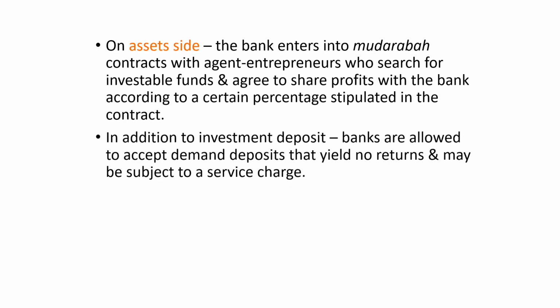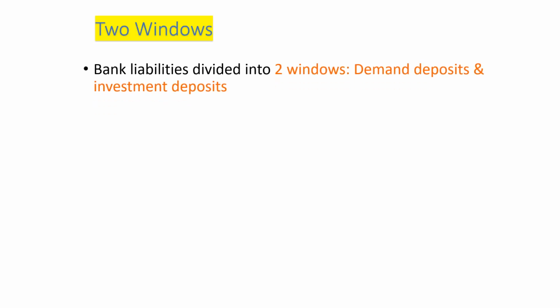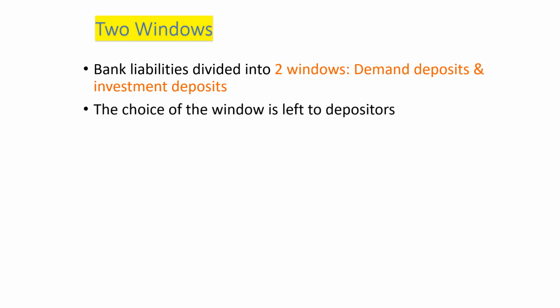In addition to investment deposit, banks are allowed to accept demand deposits that yield no returns and may be subject to a service charge. Under the 2 windows arrangement, bank liabilities are divided into 2 windows, one for demand deposits and the other one for investment deposits. The choice of the window is left to depositors.